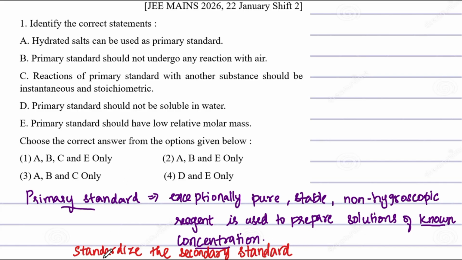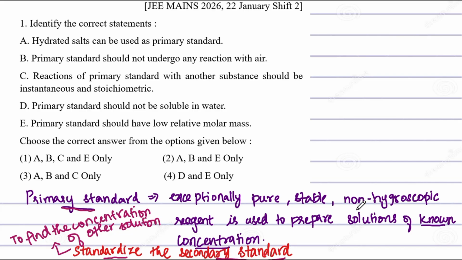What is meant by standardization? When you have a solution and you don't know the concentration of the solution, then to find the unknown concentration of the other solution, we use the primary standard. So the other solutions are usually the secondary standard solutions. So this is the definition of a primary standard.